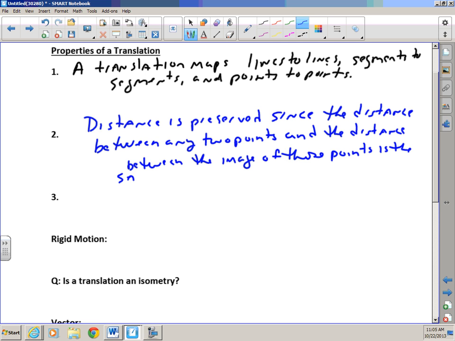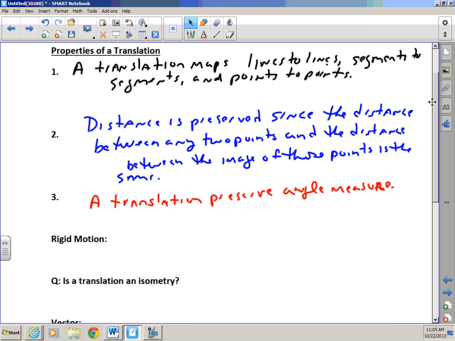So as I said in the one example before, the distance from A to B is equivalent to the distance from A prime to B prime. And then the last property, a translation preserves angle measure. Meaning whatever the measure of each of the angles of that triangle are, A, B, and C, they are the exact same as the measure of A prime, B prime, C prime.